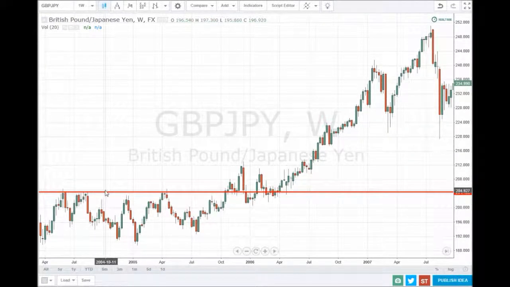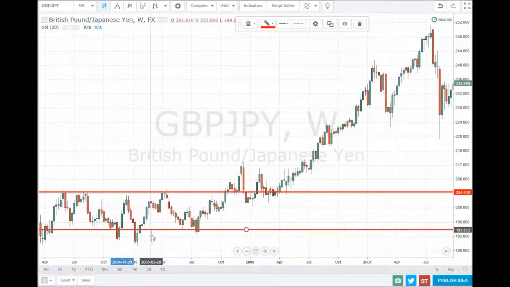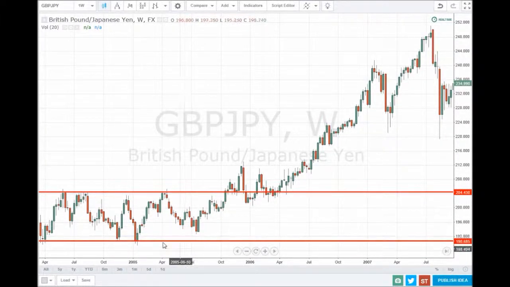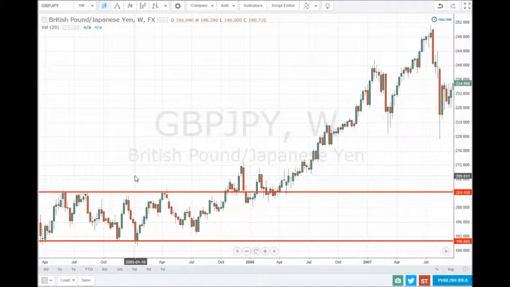There's the first line. And there's the second line. It's important to note that these lines are not specific prices that price repeatedly bounces off, but rather they are general areas.